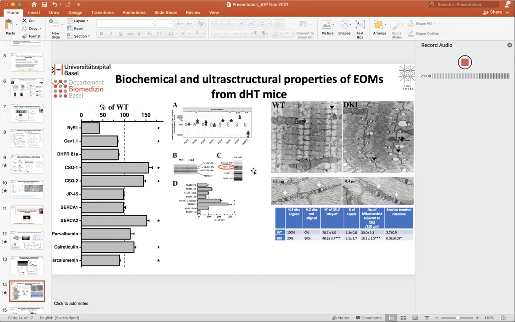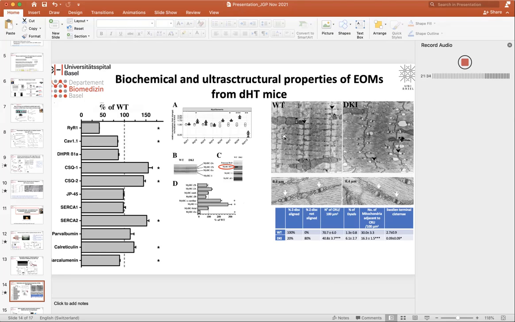This is called the superfast myosin heavy chain, which apparently gives the fastest contraction times to skeletal muscles. So there's a rearrangement as a consequence of the presence of these two mutations. There's also a downstream effect in the expression of the different myosin heavy chains which are expressed in extraocular muscles.